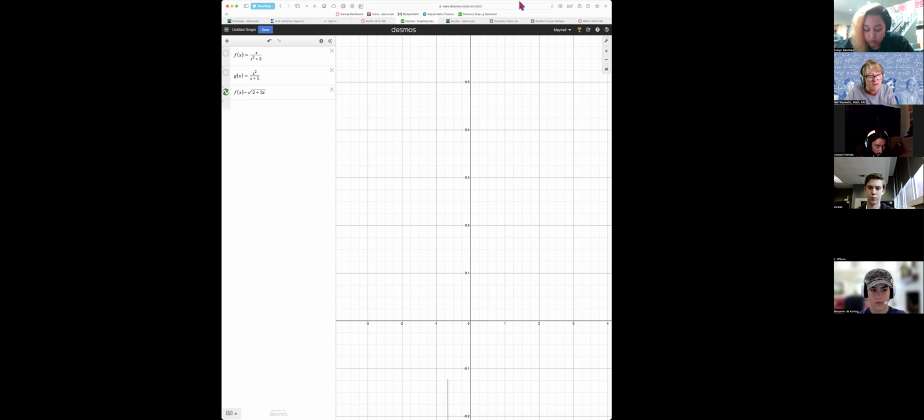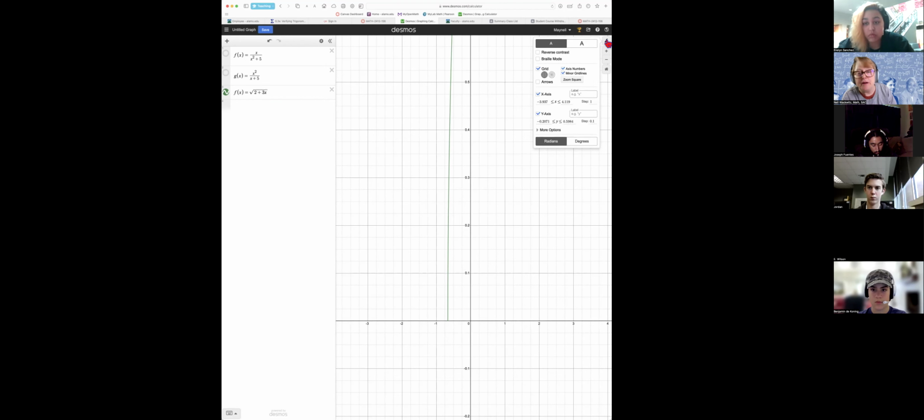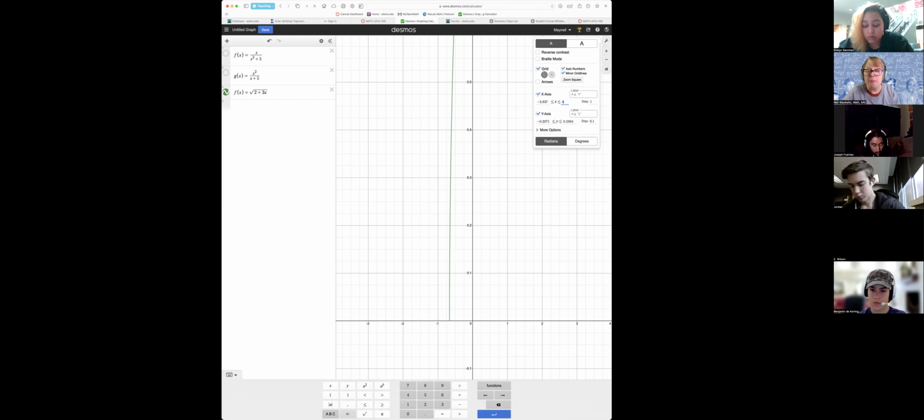Oh, I see why it's not working, because I didn't put equals. Okay. So let me change, there's a little wrench. Do you see this wrench here? If I tap on that, I can change the step and also the range. So let's see.